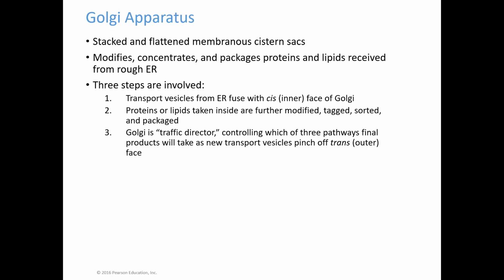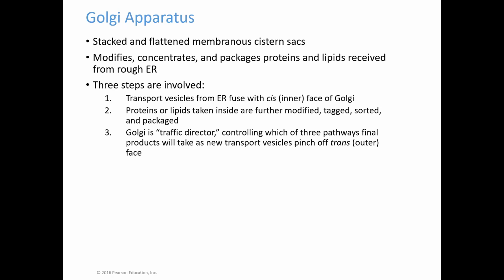And so everything going to Seattle would go to the Seattle plane. Everything going to Los Angeles would go to the Los Angeles plane, the Chicago plane, the Denver plane. And they're all coming into Memphis. Memphis is the Golgi apparatus sorting out the packages of where they're going to go.